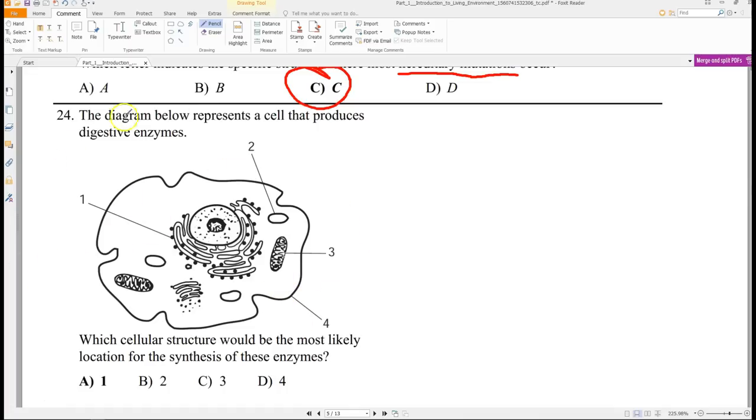Now that we know that and we looked at our cell first, let's go ahead from the top and answer this question. The diagram below represents a cell that produces digestive enzymes. Enzymes are proteins that help with a chemical reaction.